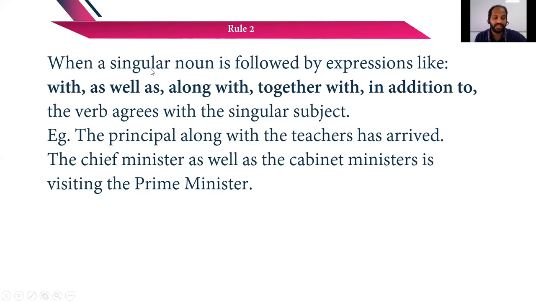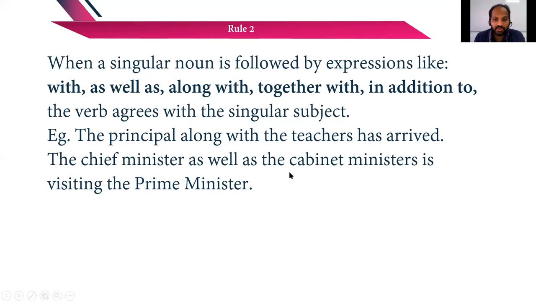As we have seen, when a singular noun, here the principal, is followed by expressions like with, as well as, along with, together with, in addition to, what comes later doesn't matter. So the principal, along with the teachers, has arrived.